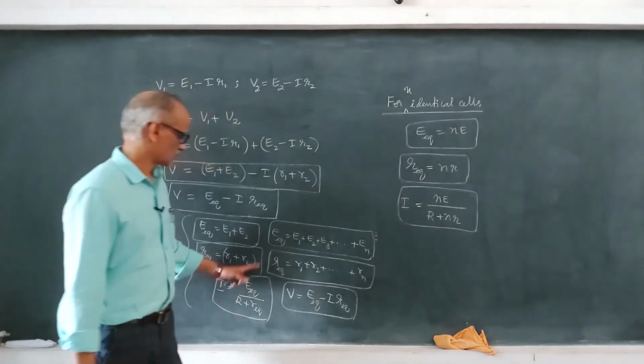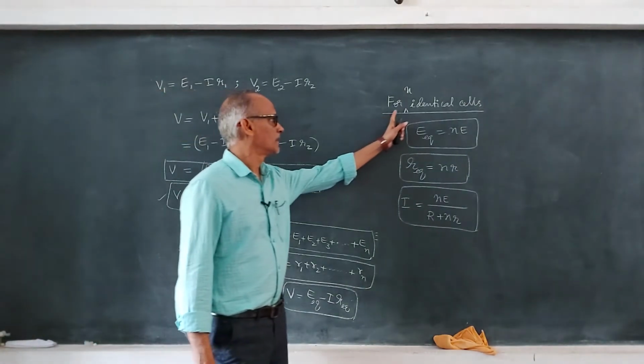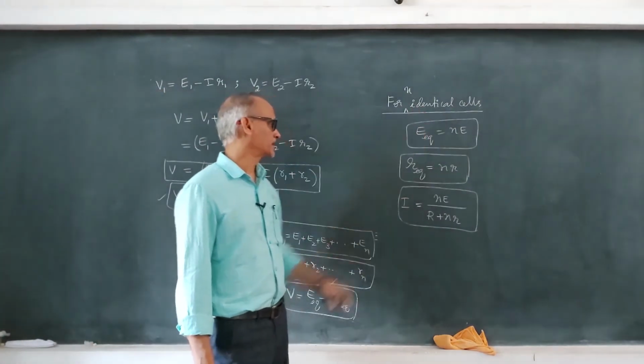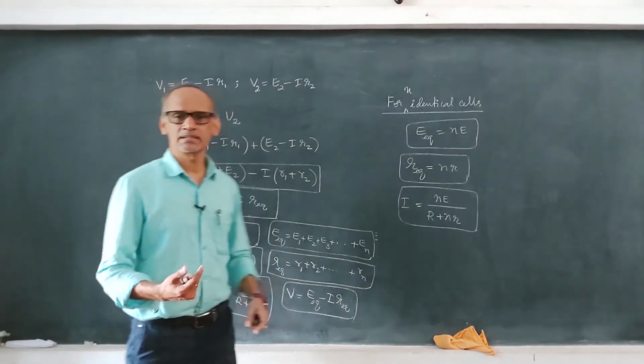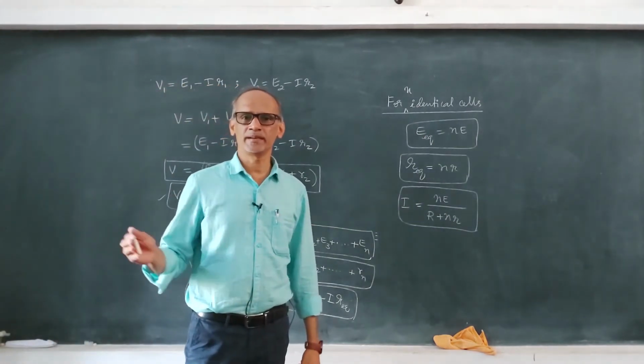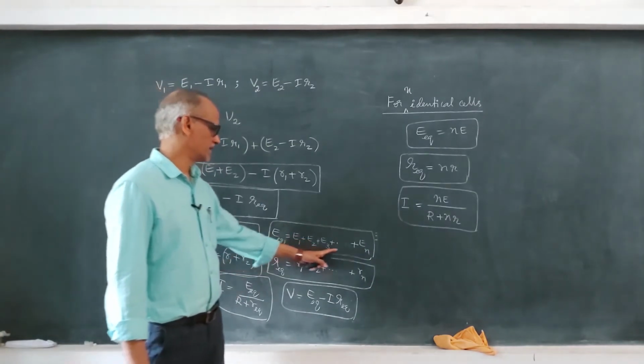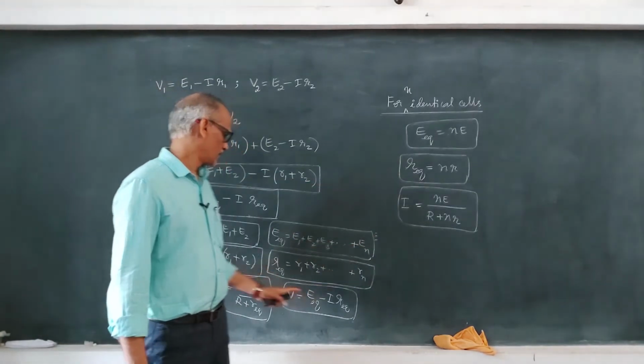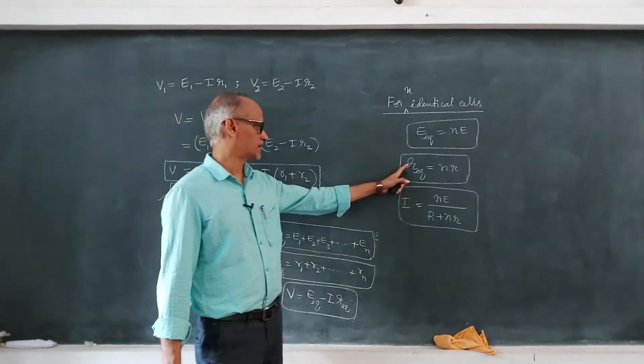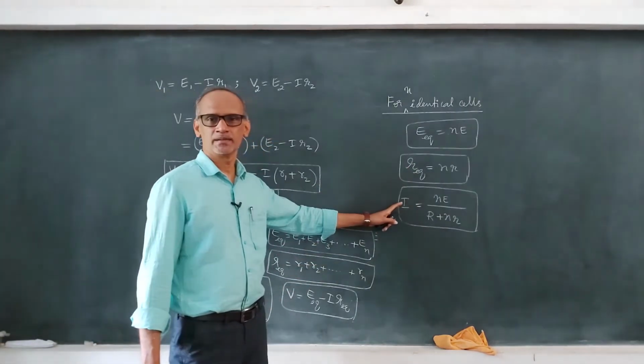This is only for identical cells; only when the cells are identical can we use this. What do you mean by identical cells? Cells having the same EMF and the same internal resistance. So E equivalent becomes nE and internal resistance becomes nR, so that we can find the current through it.